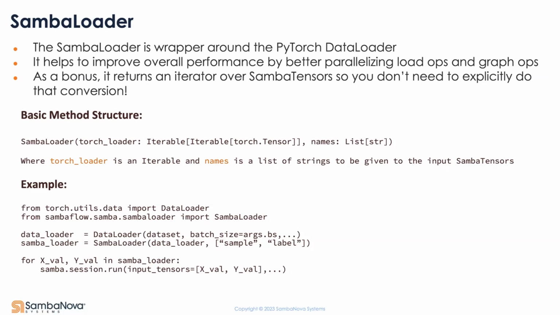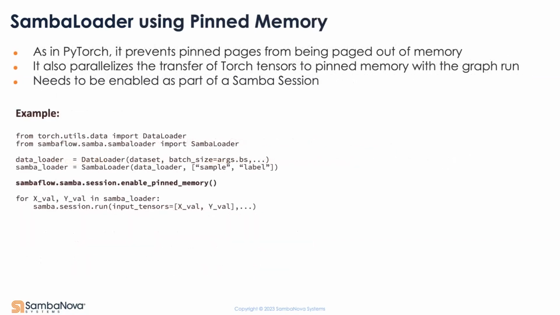Really simple, really neat, and it can help improve performance of your model, because the Samba loader is built for the RDU, so it knows how to optimally map load ops with graph ops. And as a final note, much like the Torch data loader, the Samba loader supports pin memory, so you can pin pages in memory for faster access.